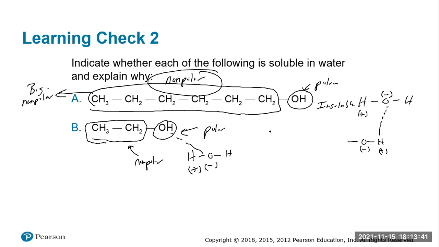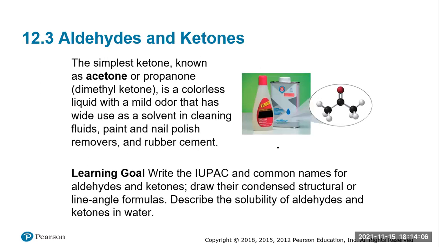Okay, then we're going to continue on in our journey here of organic molecules, and we're off to our next two major groups. And our two major groups are aldehydes and ketones next. So let me see if I get this going here. There we go. So aldehydes and ketones are two carbon-containing groups that are organic molecules, and they obviously have oxygen involved.